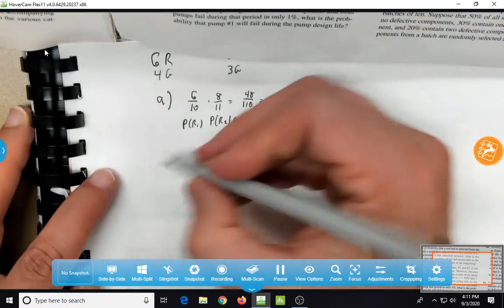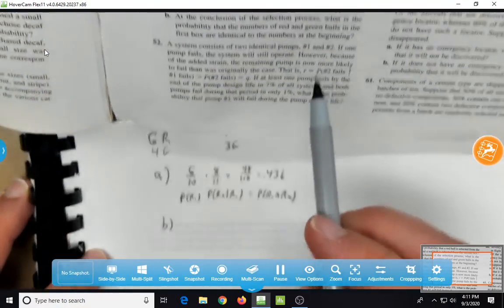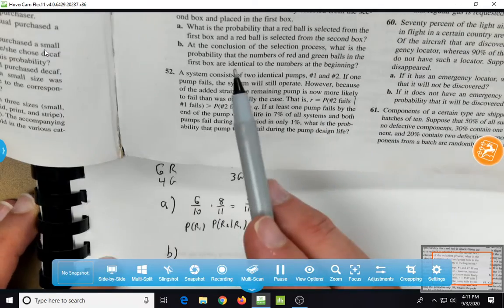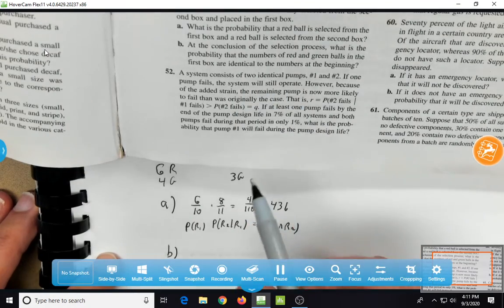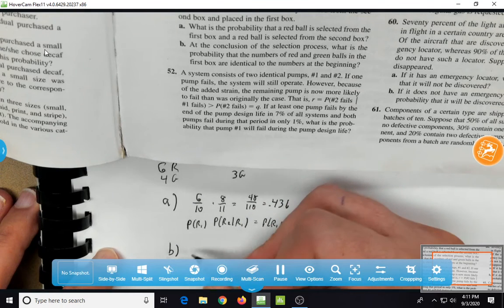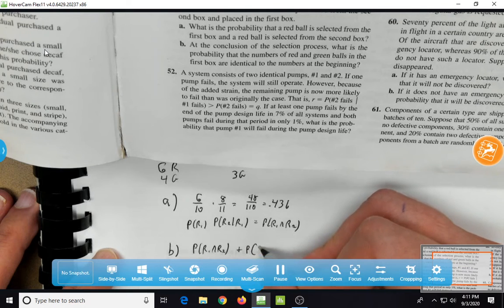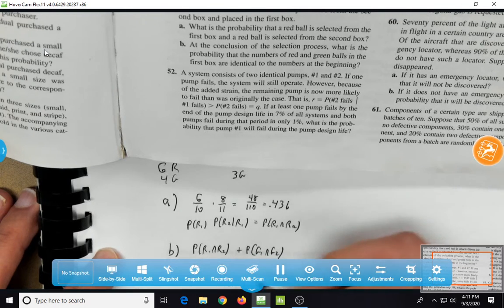Now let's talk about part B. Part B asks, at the conclusion of the selection process, what's the probability that the number of red balls in the first box is identical to the number at the beginning? What we want is they're either going to both be red, plus the probability that I pick both green balls.